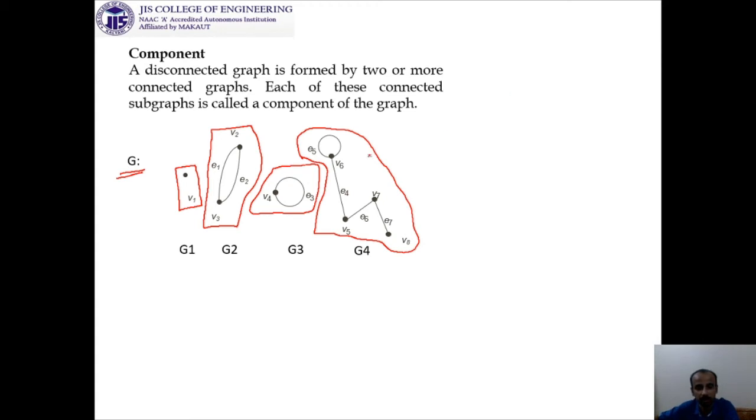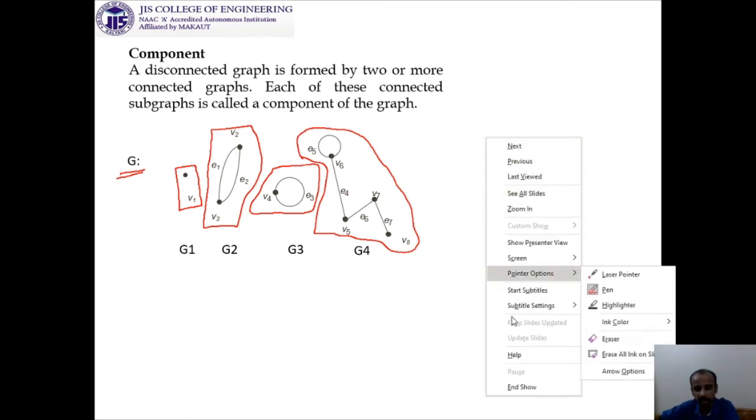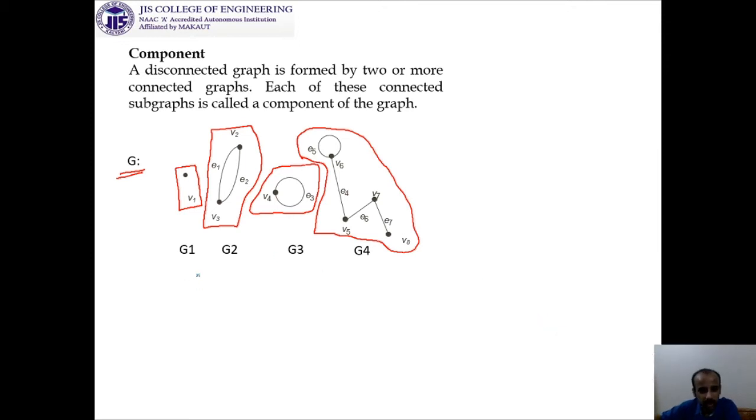But now there is a very important question we have to make clear.